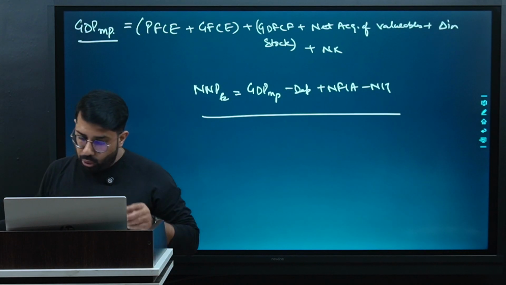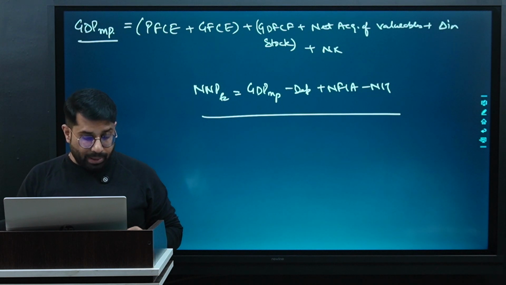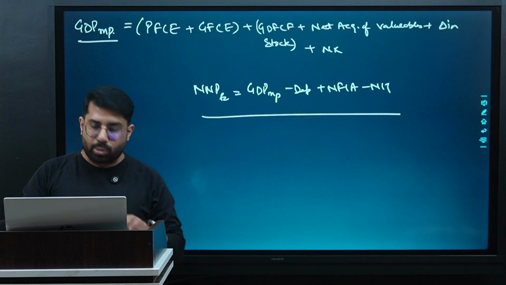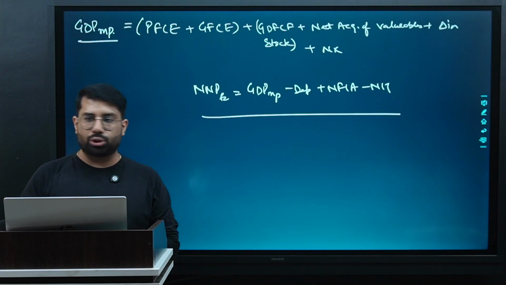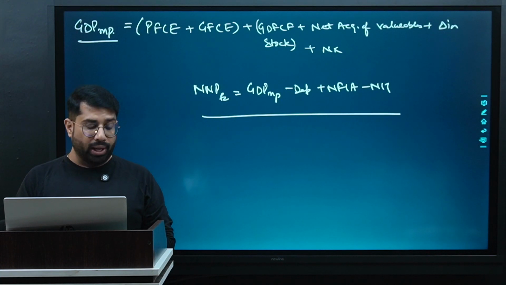Okay? Your book, I hope everybody has the calculator today. Page number 6.24, illustration number 13. If you remember, we did this question yesterday using the income method. Page number 6.24, illustration 13.